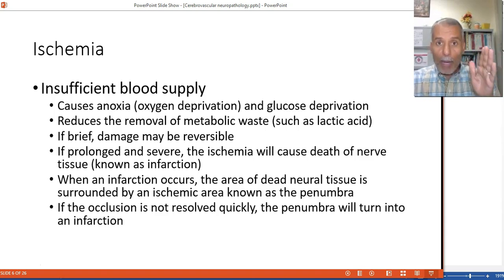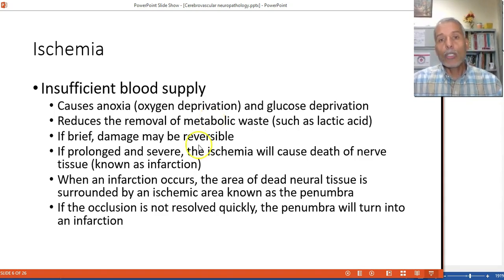And keep in mind, brain tissue cannot survive more than a few minutes because the brain does not store nutrition. It doesn't store oxygen. About 6 minutes is just about the most that the biggest cells, the pyramidal cells, can survive.